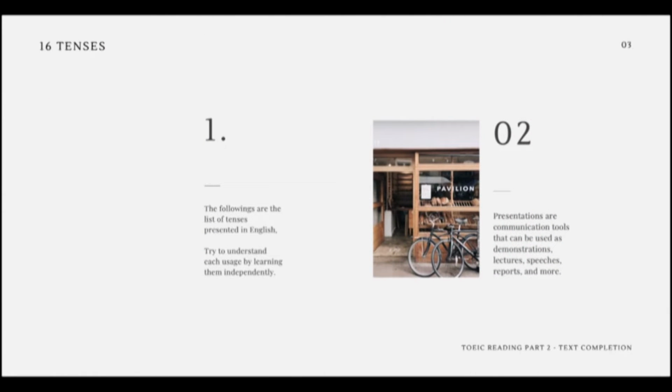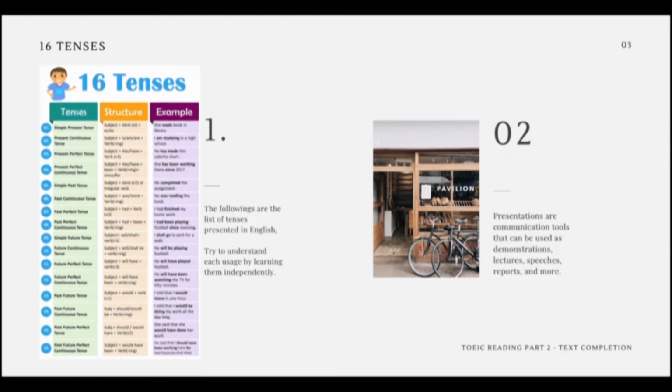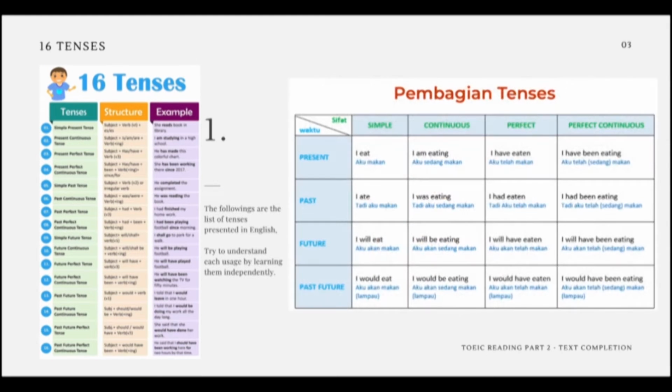The first part would be the tenses itself. Here are the tenses, especially the 16 tenses. The list of the tenses is included here, but I won't explain it one by one since it will really take our time. You can just pause this one and understand the tenses one by one.